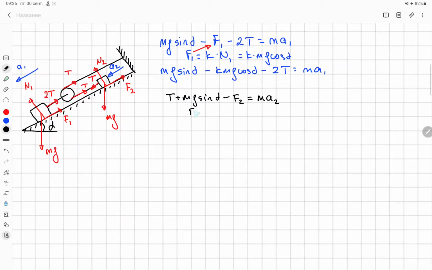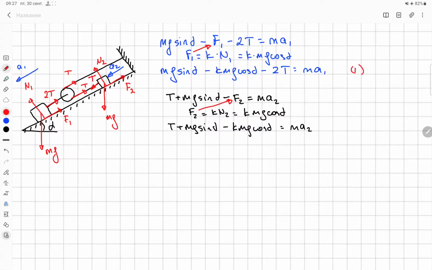Again, this object is moving, so friction force reached its maximum value. Similar logic: k, coefficient of friction, times reaction force, which is mg cosine alpha. So let me substitute it into this equation, and finally we'll have T plus mg sine alpha minus k mg cosine alpha equals m A2.